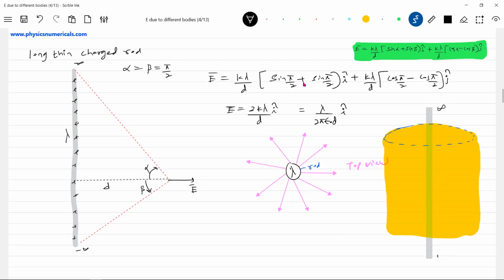Everywhere you should assume the field will be radially outward.